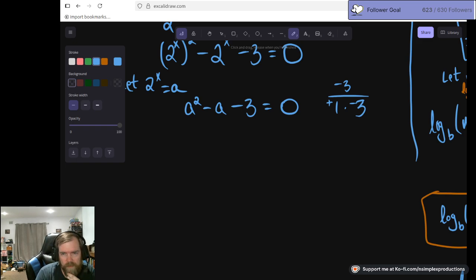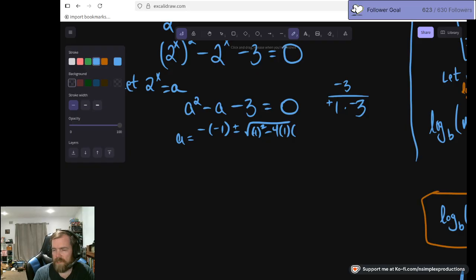So for this one, we could say that a is equal to negative the middle term, which is negative 1, plus or minus the square root of b squared, well, negative 1 squared, minus 4 times a, which is 1, times c, which is negative 3, all over 2 times a, which is 1 in this case.